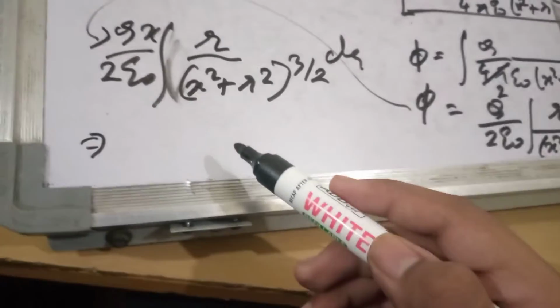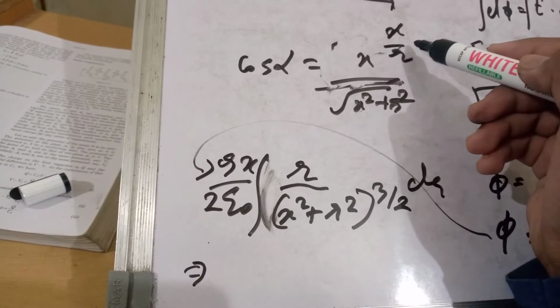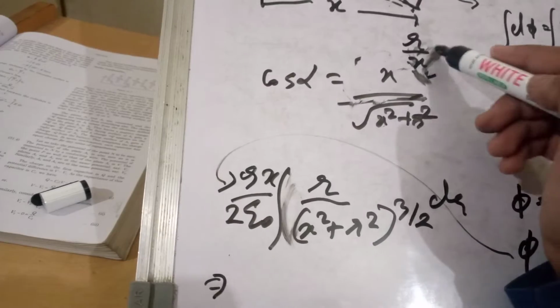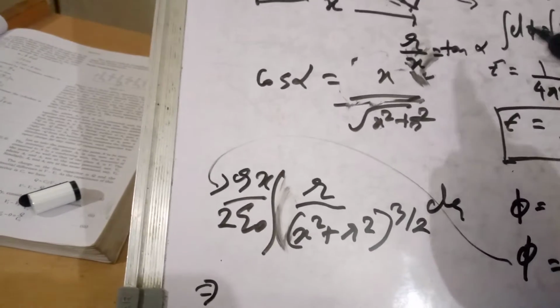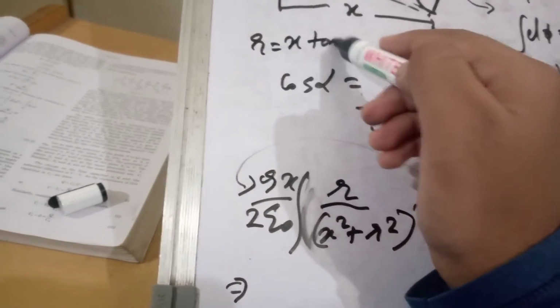Now we know that r upon x is equal to tan alpha, so r will be equal to x tan alpha.